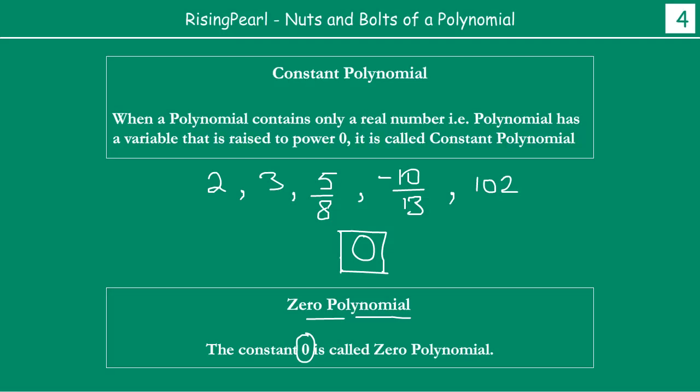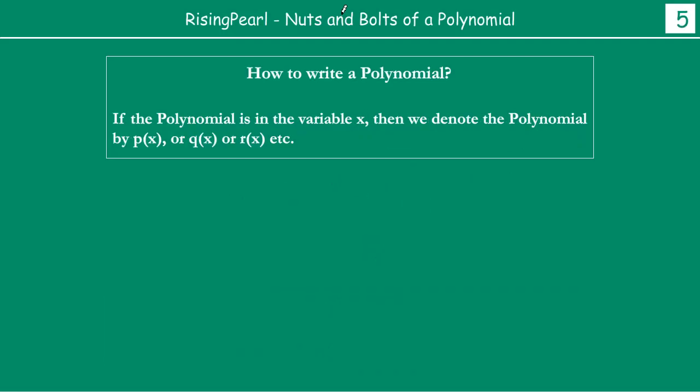So दोस्तों ये हो गई आपकी what do we mean by constant polynomials and what is meant by a zero polynomial. Now आइए देखते हैं how do we write a polynomial. So अब तक हमने देखा है, चलिए कुछ polynomials लिखते हैं. So let us write something like 2x plus 3, right? Let's write something like 4y square minus 2y plus 10.